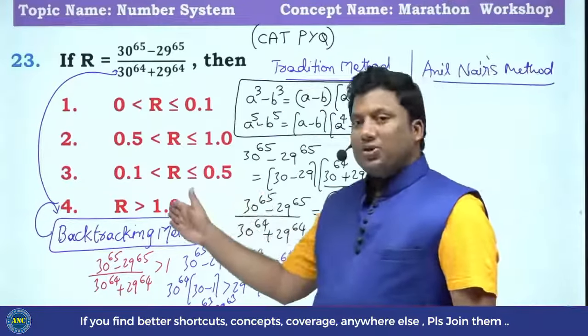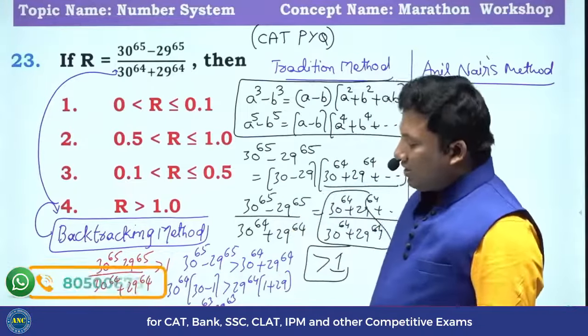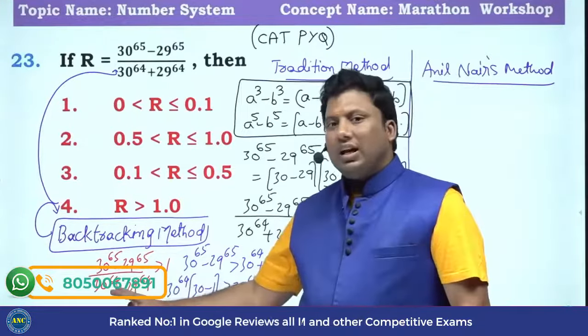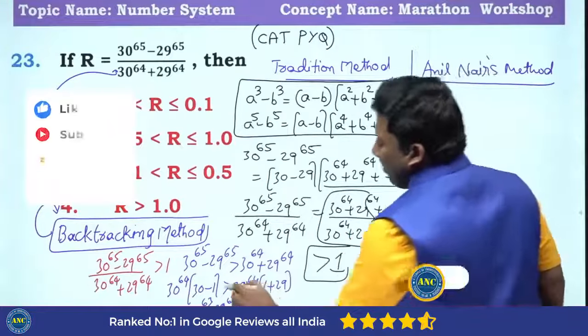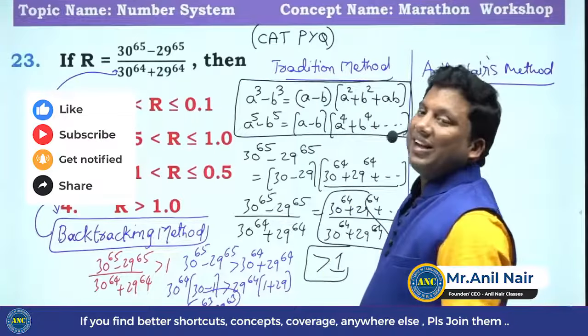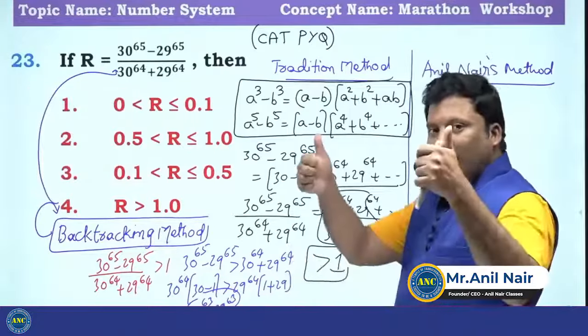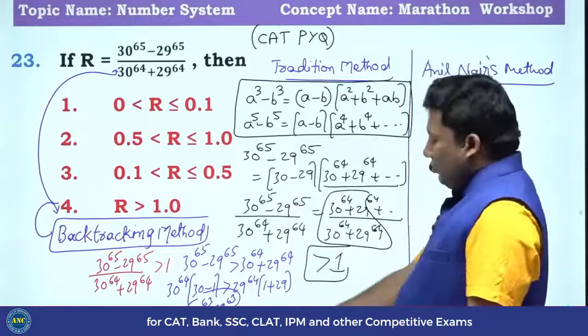If the answer option is greater than 1, with 30 power 65 minus 29 power 65 divided by 30 power 64 plus 29 power 64, cross multiply, I got the answer as 30 power 63 greater than 29 power 63. Idea clear? A very interesting outlook on this problem.